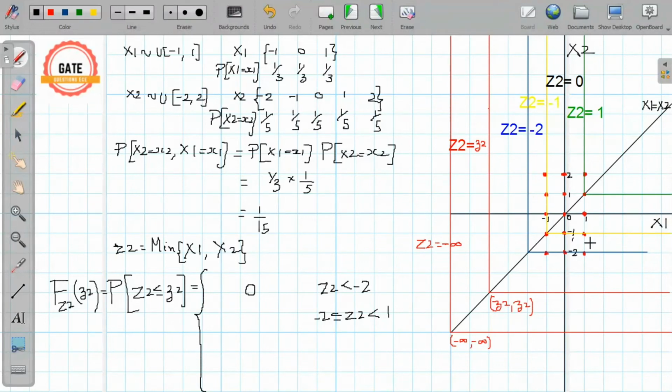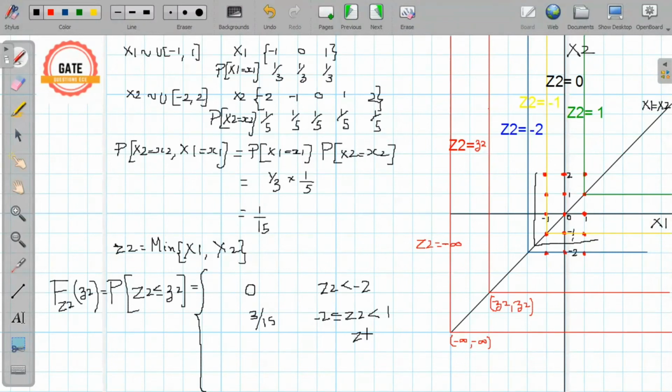This whole region is given by this inequality. For all such cases, if I draw a boundary here, you can see there are only these three ordered pairs lying to the left of this boundary. So for this case, the CDF will be the sum of these three joint probabilities. So the answer will be 3/15 for this case.